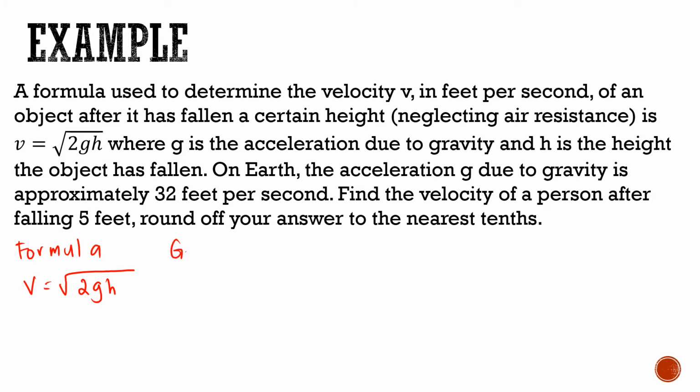Now what are the given? G represents the acceleration due to gravity, and h will be the height the object has fallen. So in this case, on Earth, the acceleration g due to gravity is approximately 32 feet per second squared, and the height is 5 feet.